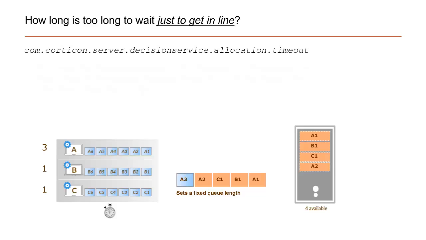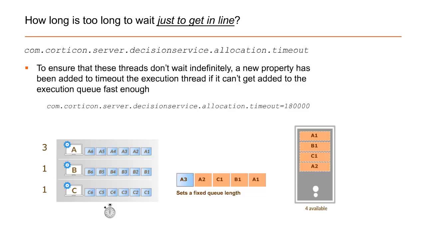Unlike the previous timeout, this one is just waiting to get into the queue. Using this setting provides developers with control over how long to wait. If the wait time exceeds your limit, an exception is thrown, allowing you to handle the exception rather than waiting indefinitely. This exception will be a CC server timeout exception.